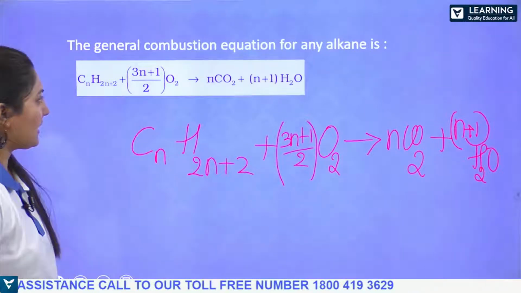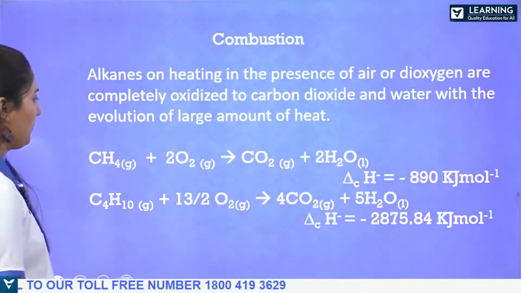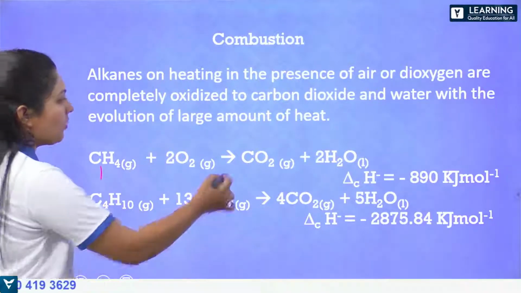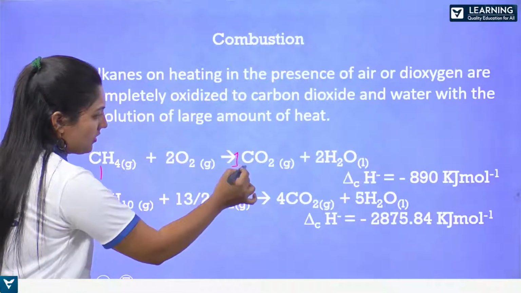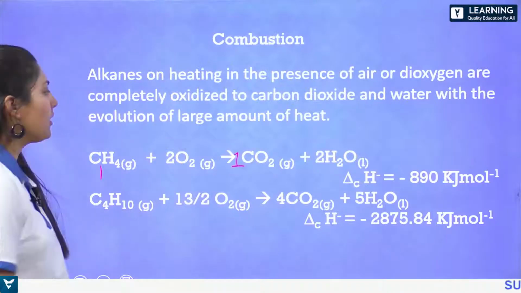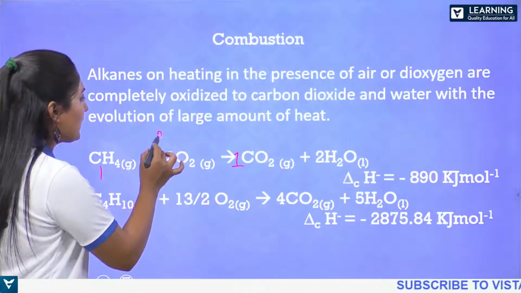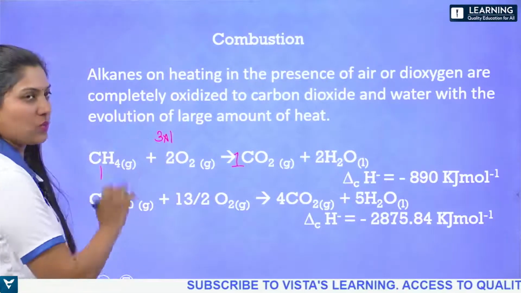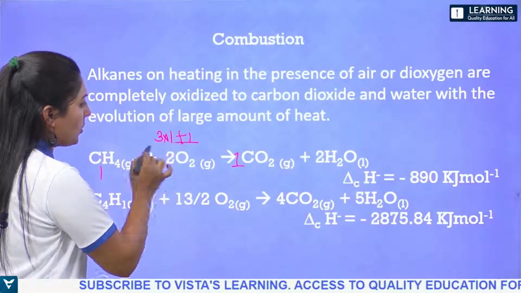We can check this with the previous one. If I take n equal to 1, then we have 1 carbon dioxide, and the oxygen term is 3 into 1, because n is 1, plus 1, whole by 2.